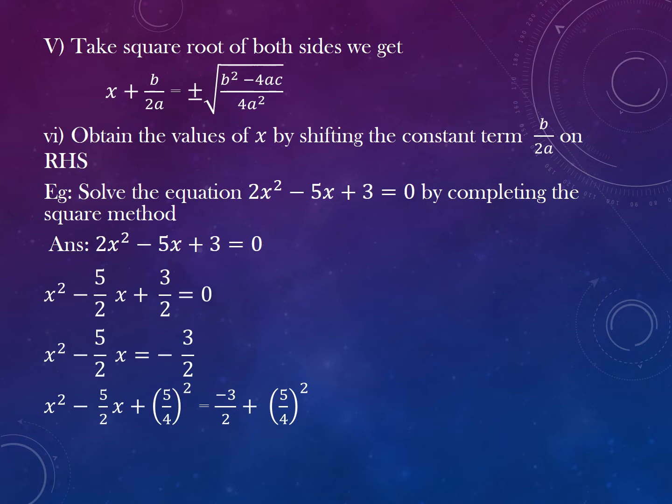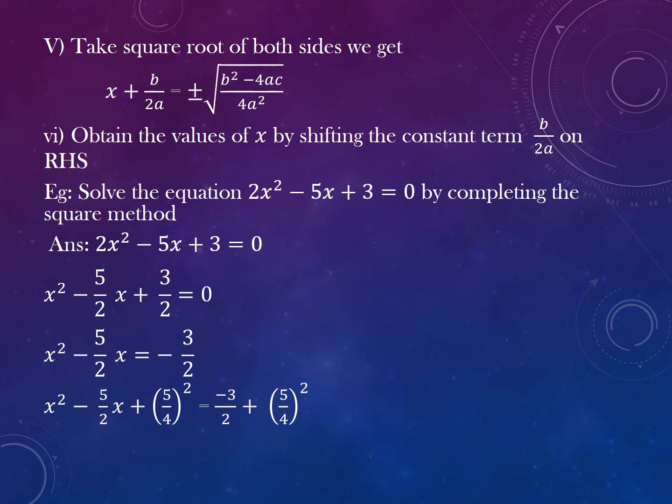So, the equation becomes x² − (5/2)x + 3/2 = 0. The second step is to transpose the constant term. Here the constant term is 3/2. Taking that to the right side, it becomes x² − (5/2)x = −3/2.